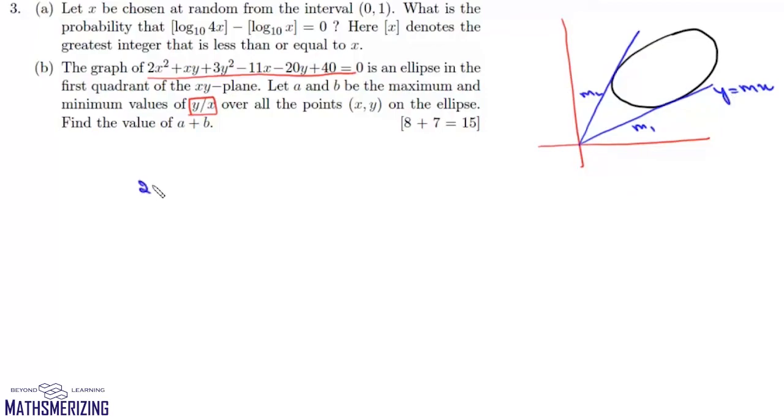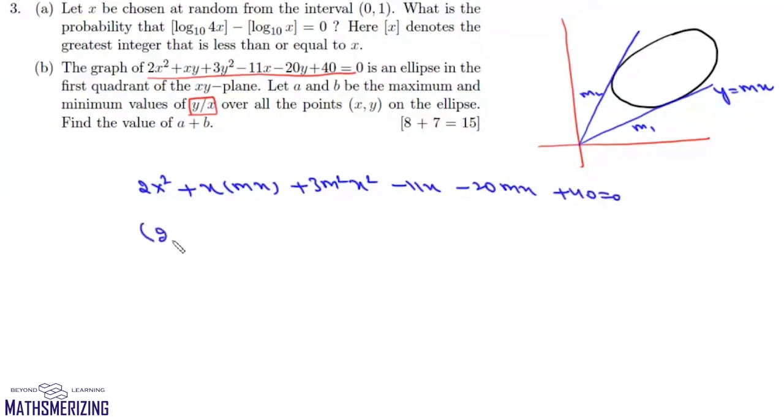We'll write 2x square plus x into mx plus 3 m square x square minus 11x minus 20 mx plus 40 equals 0. Now we'll take x square common.